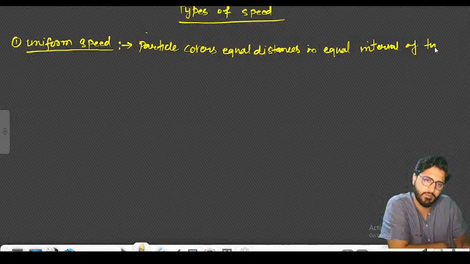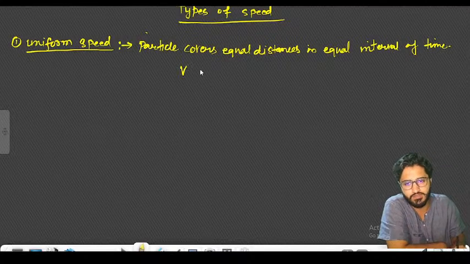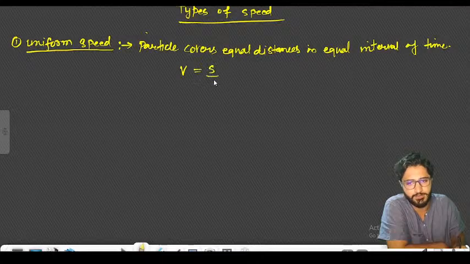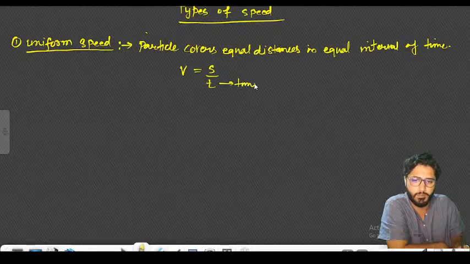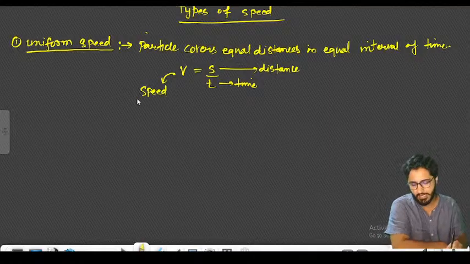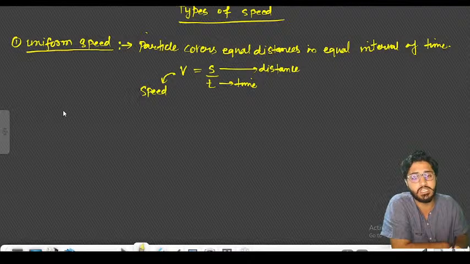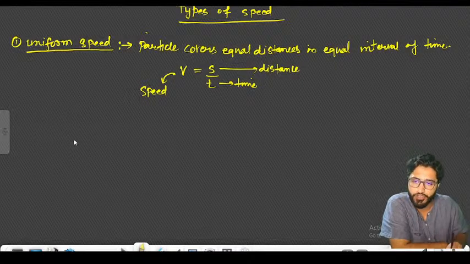So we know that speed is V equals S by T. What is T? T is time. What is S? S is distance. What is V? V is speed. So you will write speed is equal to distance by time, and uniform speed is when the particle covers equal distances in equal intervals of time.